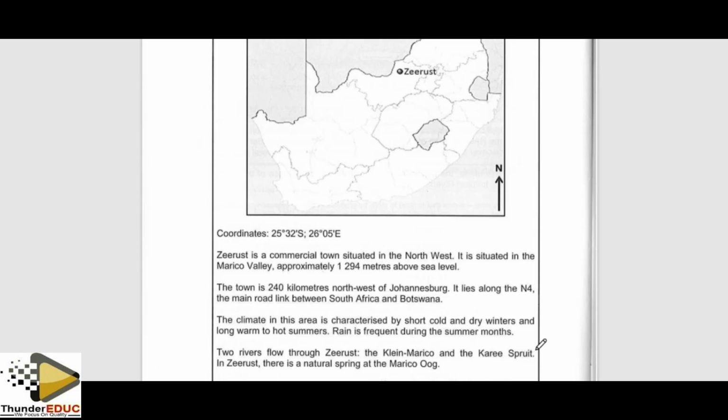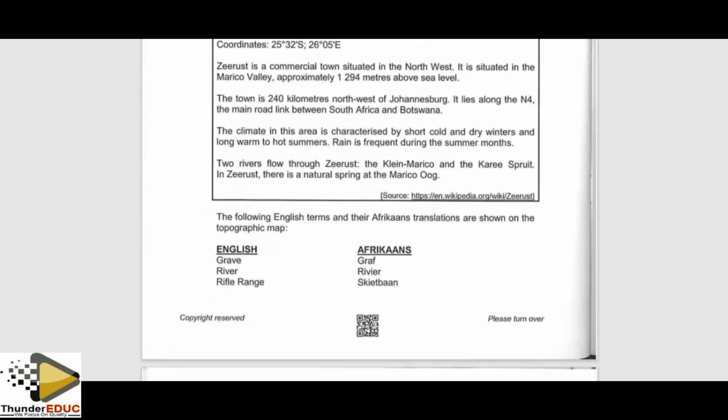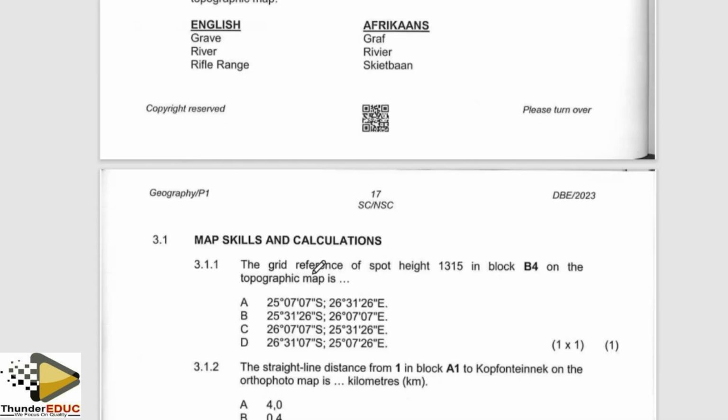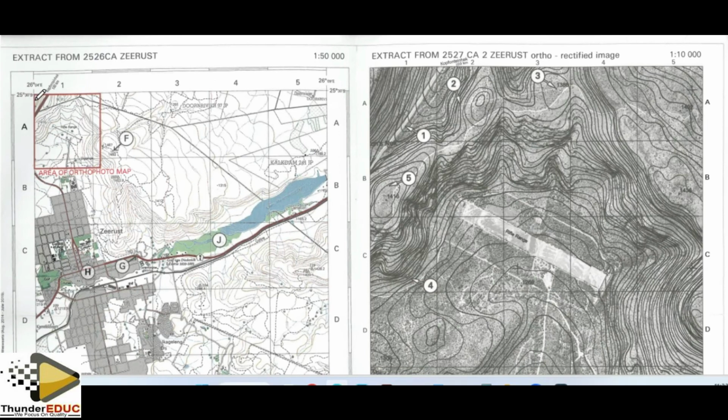The first question is on map scale: the grid reference of a spot height 13, 15 in block B4. So here I have the map. They said B4. The spot height is here. They want the grid reference. Remember, we start with the latitude. Latitude is 25, but the first line is 30, which means the second line is 31. So it should be 25, 31, because it is more or less halfway.